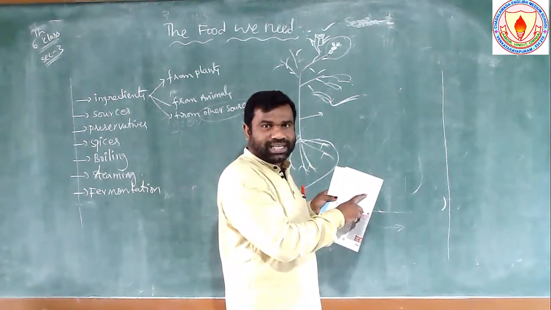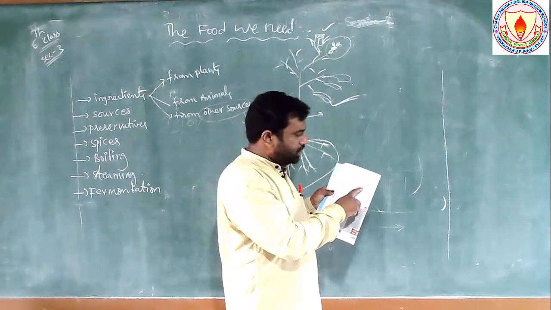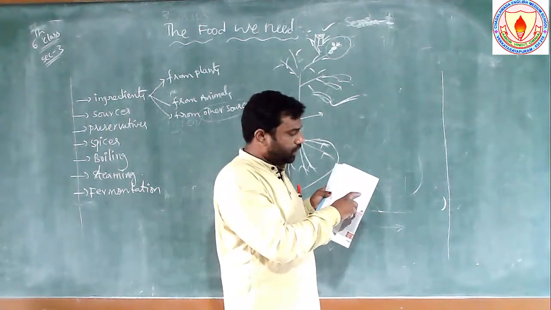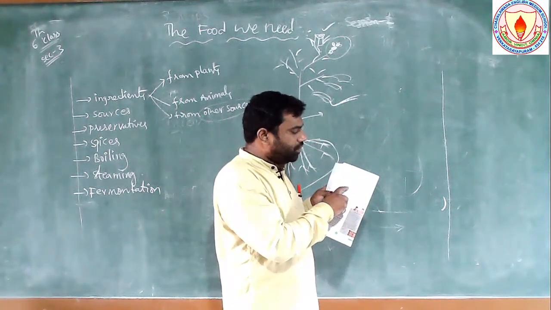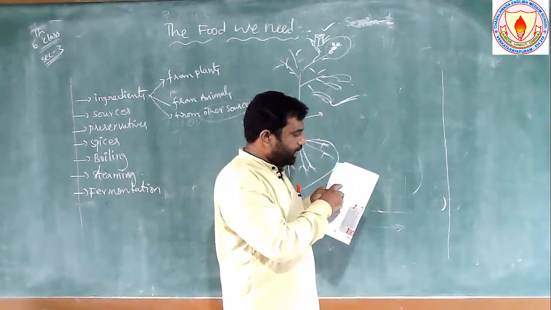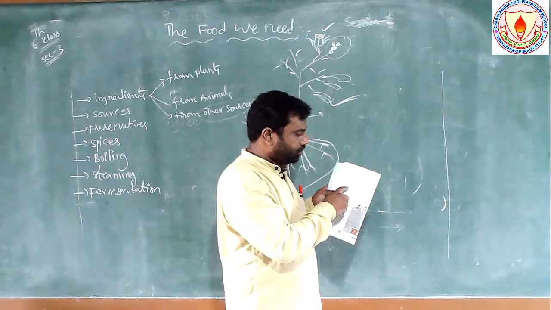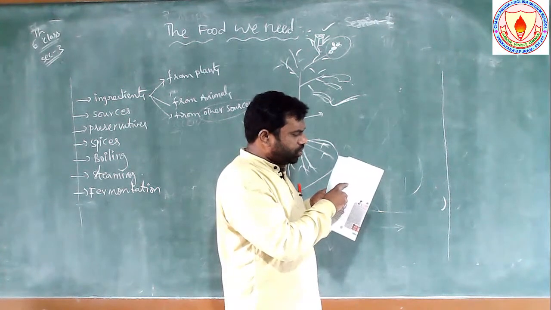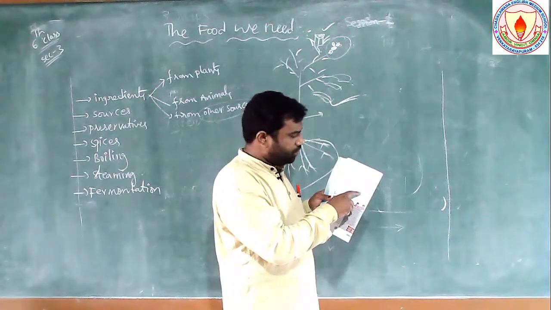Potato is a modified stem. And onion is also a stem. Next, cauliflower, it is one type of flower from the plant. And groundnuts, it is one type of root. Next, tomato, it is one type of fruit.